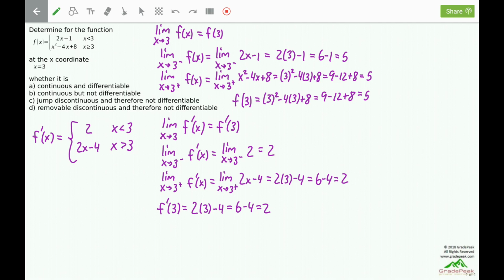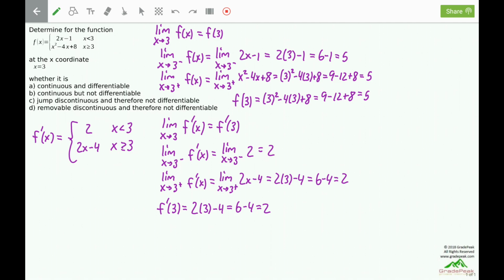So we can now go up here to the split expression function and include the equals right there. That can't be included until we see that the f prime of 3 matches the right-sided limit, and it did match it. And we therefore have the derivative is continuous.